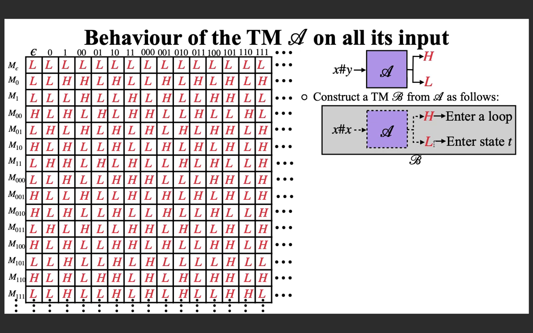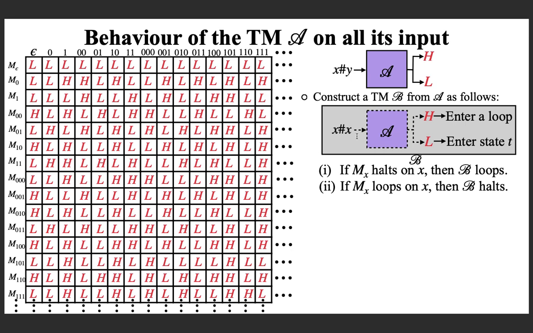Then I will immediately enter the state T. That means when A says H, I am entering a loop in B, and when A says L, I am entering a halt state. So basically, if Mx halts on x, then the machine B is looping, and if Mx loops on x, then the machine B is halting. Now, what is this?